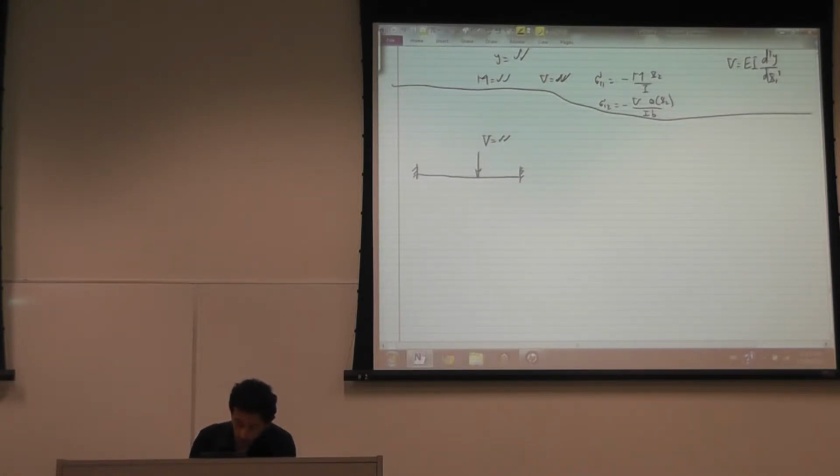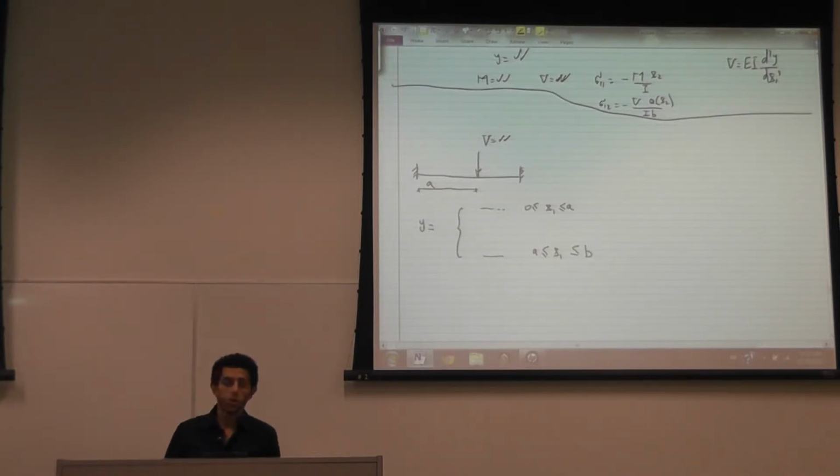and I'm telling you, show that the displacement is equal to a certain function when x1 is between 0 and a, and another function when x1 is between a and b. The reason why I want you to solve this by hand is that there's a discontinuity in shear.